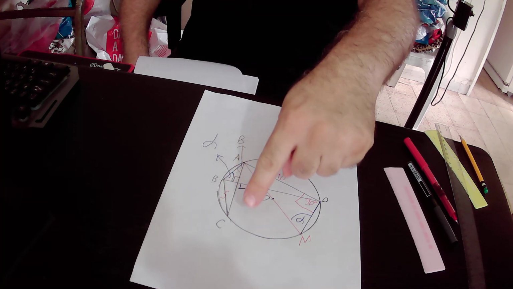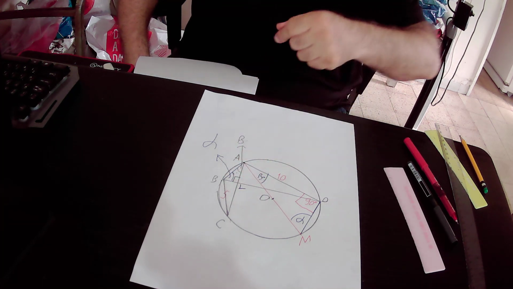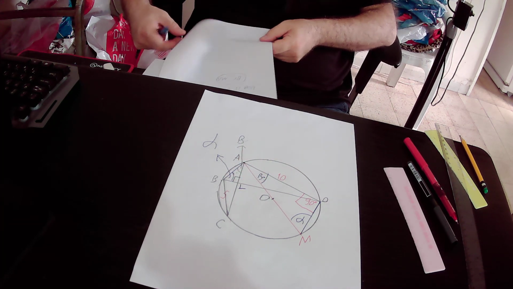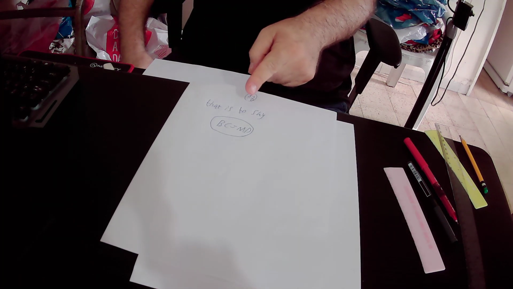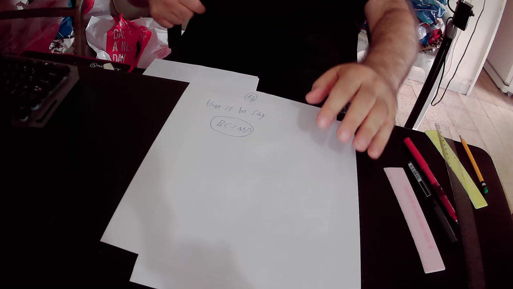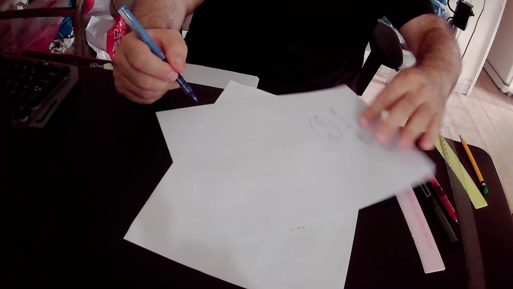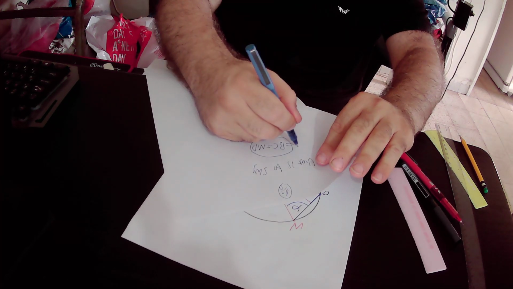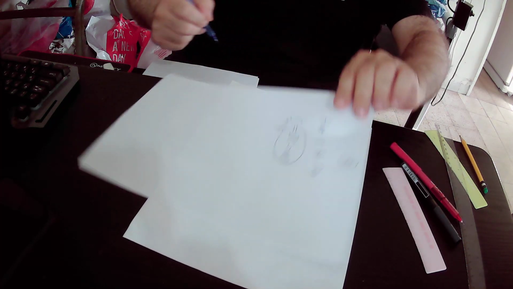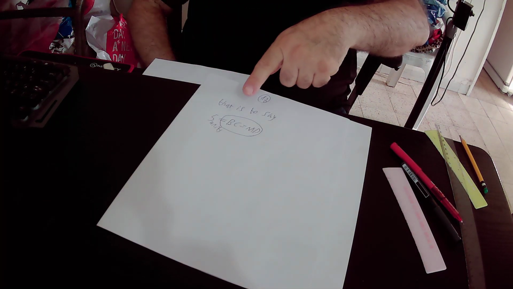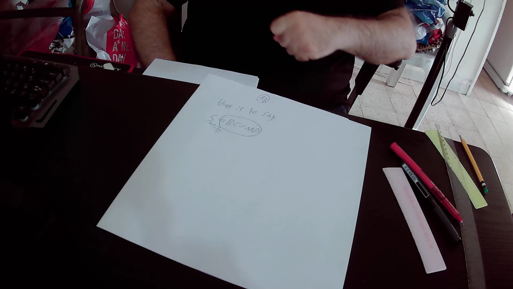So we can add to this equality that BC equals 5 units.